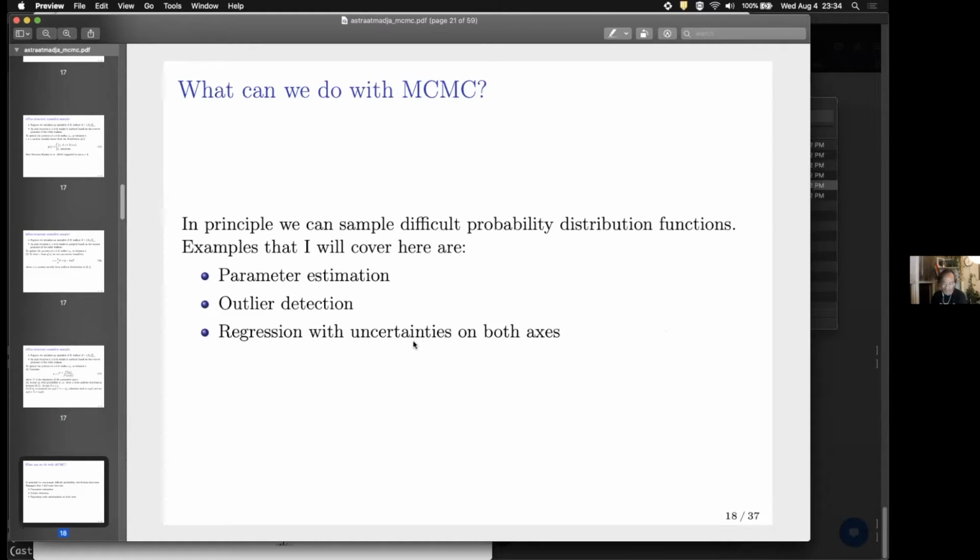That's a crazy shape, we cannot analytically integrate it, or it's highly dimensional, like you have 100 dimensions. That's usually why we use MCMC. So here are a few topics that I will cover. We'll talk about outlier detection, robust regression with MCMC, and how to infer parameters when the data has uncertainties in 2 axes or even 3.